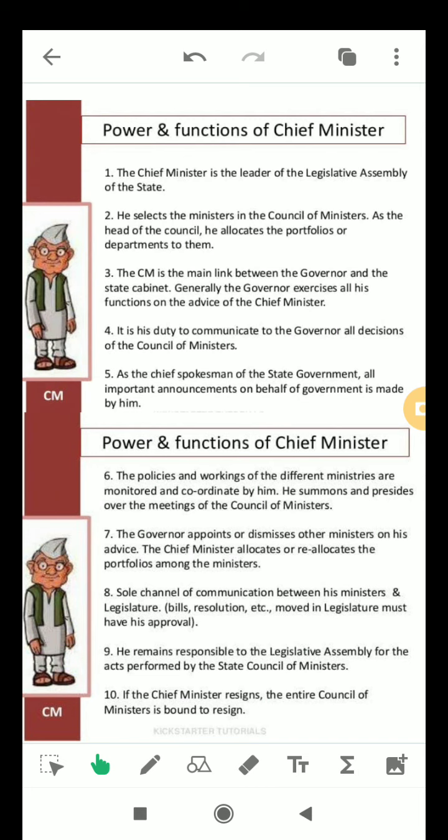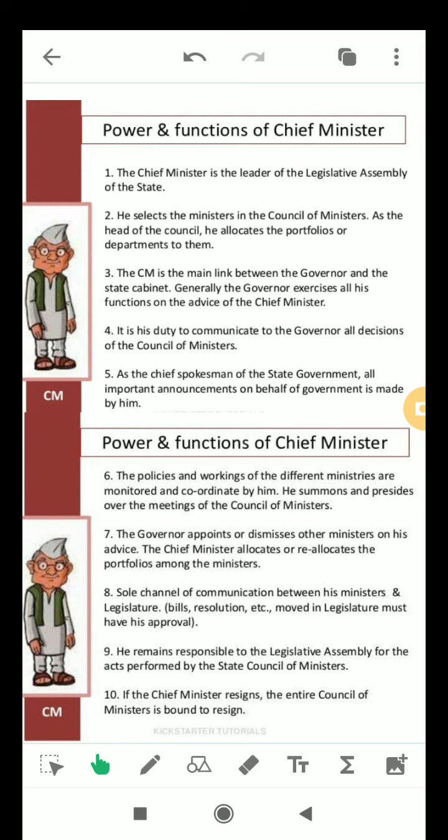The council of ministers is collectively responsible to the legislative assembly of the state. The government must always have a majority in the house. If it loses this majority due to a vote of no confidence, the government cannot continue to rule. Individual ministers can also be asked to leave the council.